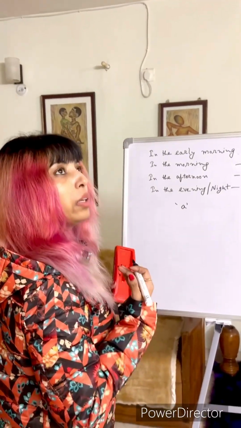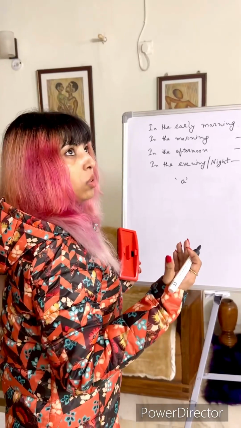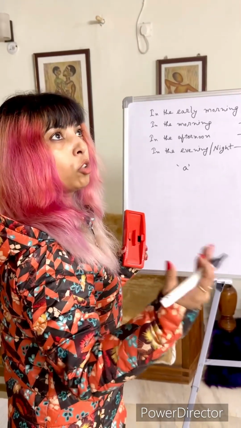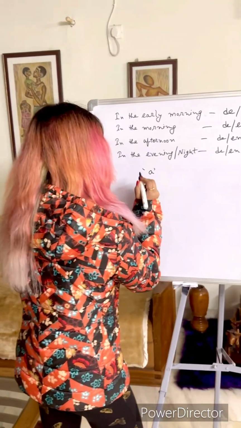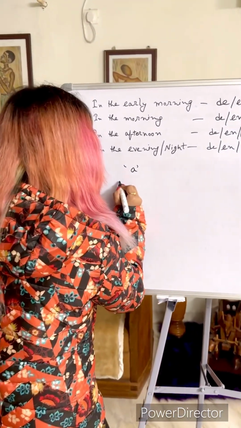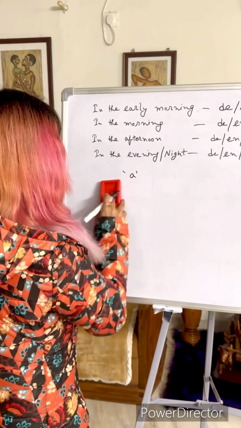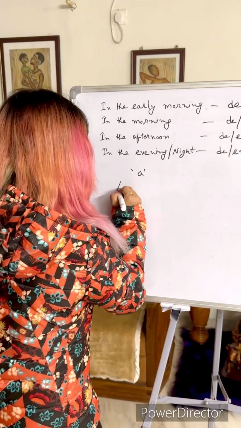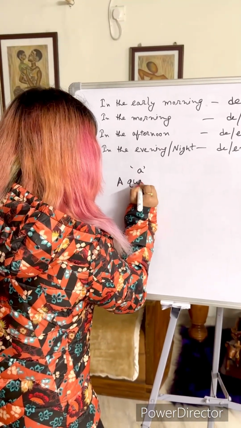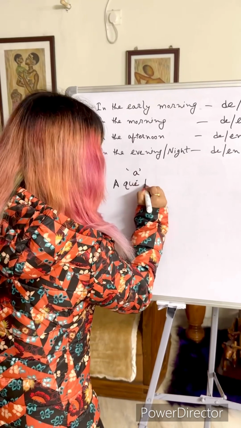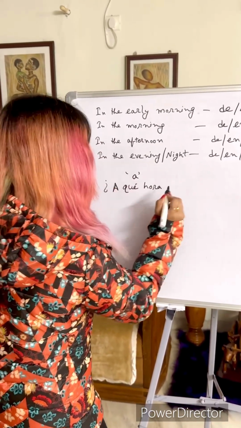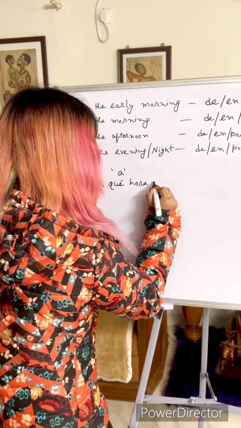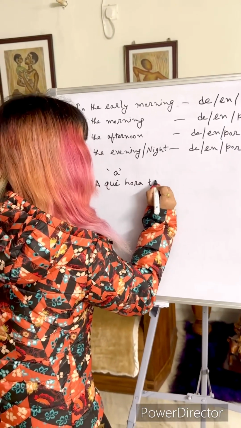Like I want to ask you, at what time do you go to university? Then the question I'll be asking, a qué hora, at what time, a qué hora tú.